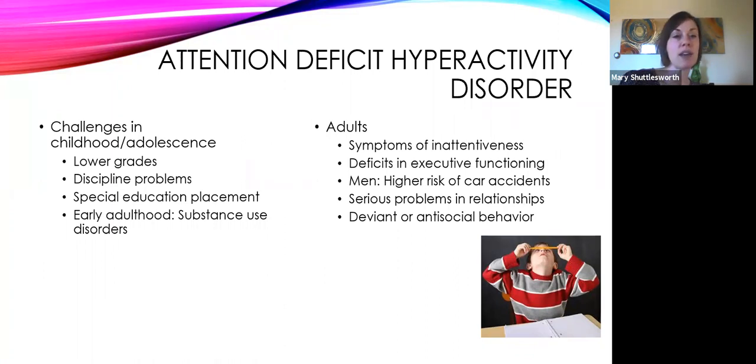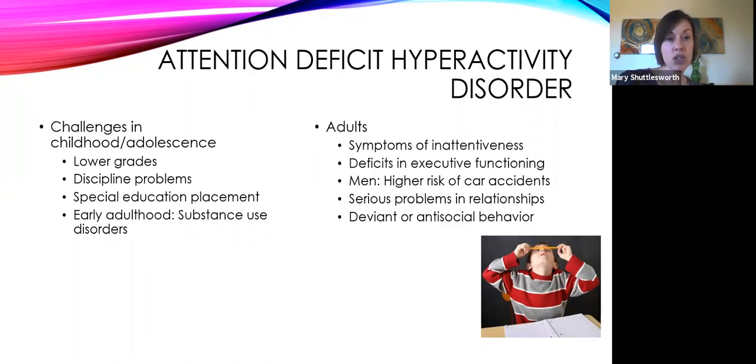Remember, executive functions are those particular things related to my ability to reflect on my memory, my ability to keep multiple pieces of information in mind as I'm trying to solve a problem. Those kinds of things are definitely affected here. For men, we see a higher risk of car accidents, and that's probably not overly surprising if you think about the impulse control issues, and also inattentiveness.